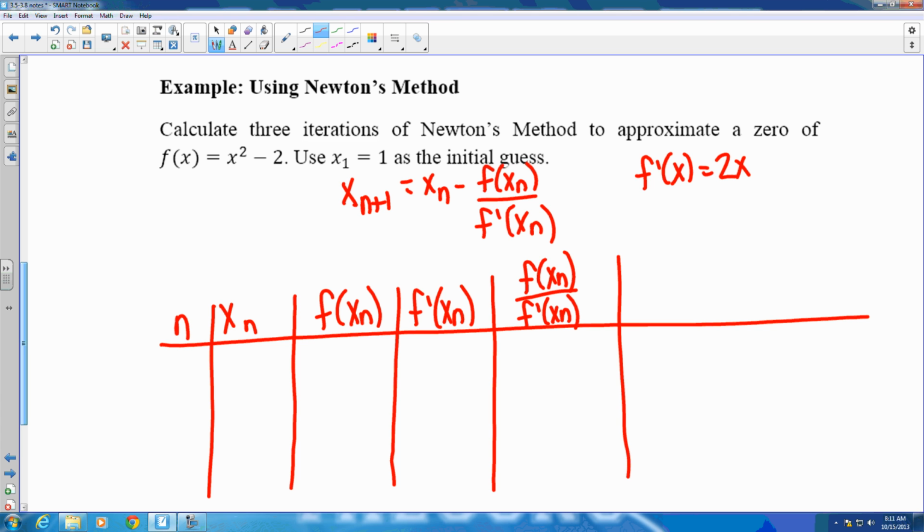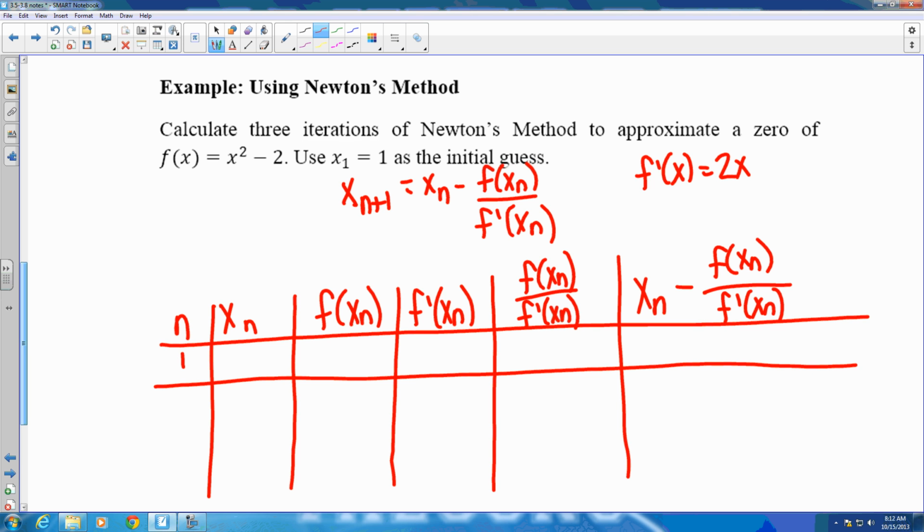And our last row is going to be the final answer, xn minus f of xn over f prime of xn. Setting up a table like this makes it really organized and helpful to use Newton's method.